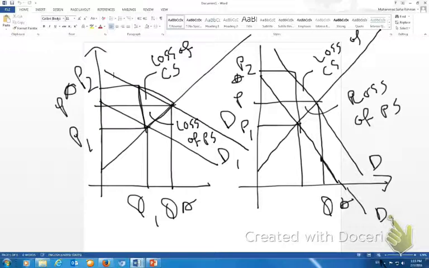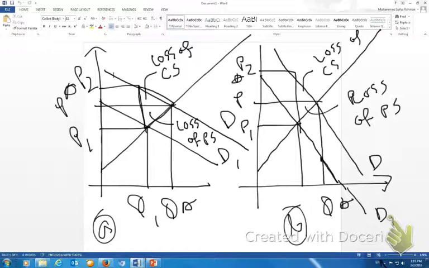Now if you want to compare the loss of consumer surplus and producer surplus in case A versus case B, you would realize that in case A, our buyer and seller are losing almost a similar amount.